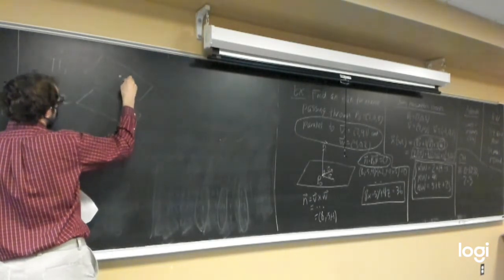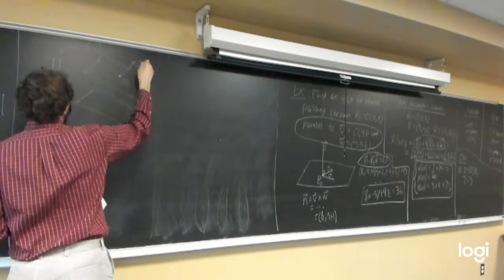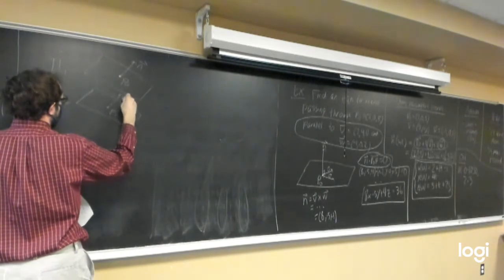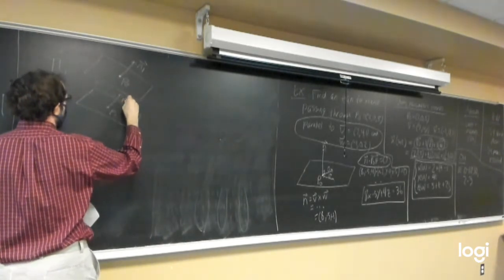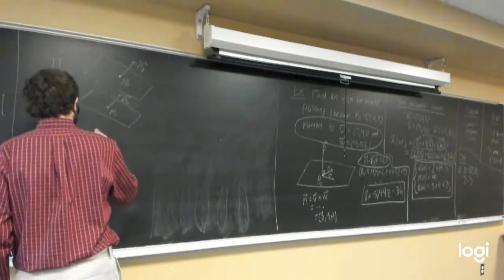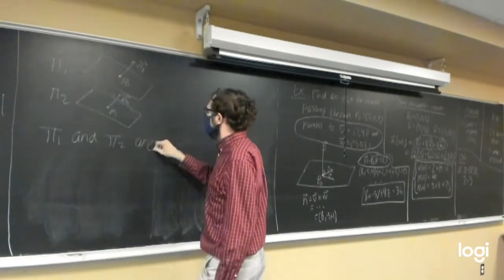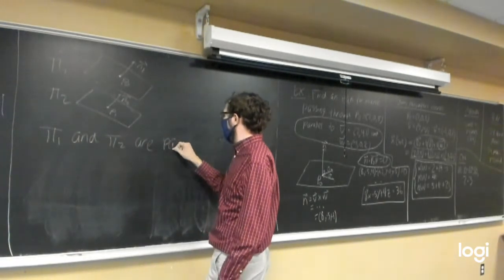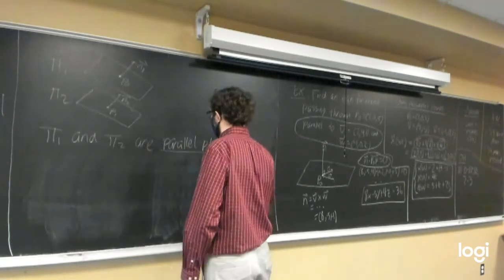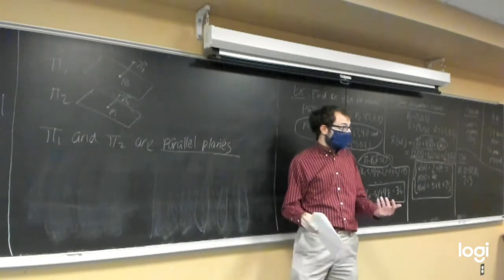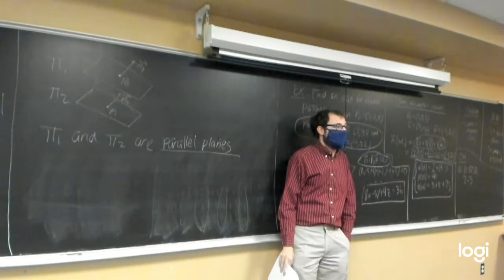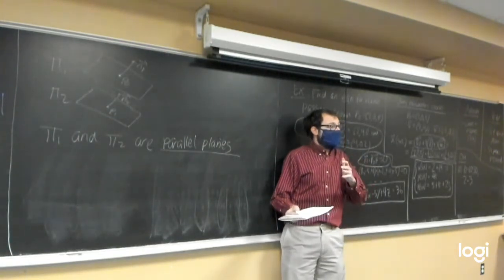Let's say we have a point p0 and a normal vector n1, and another point p1 and another normal vector n2. If we wanted to say that pi1 and pi2 are parallel planes, what would be a condition we could put on the individual parts of pi1 and pi2 that would cause them to be oriented the exact same way?